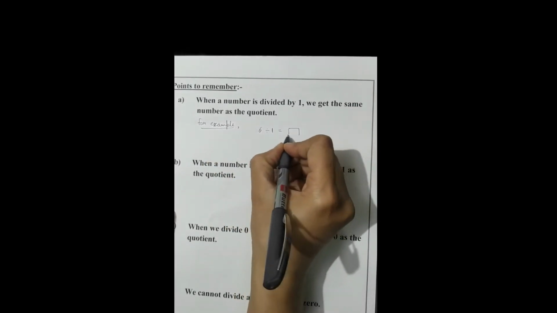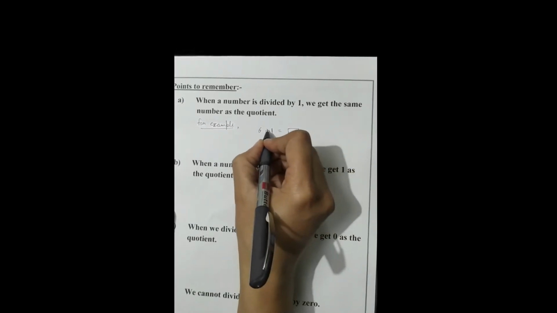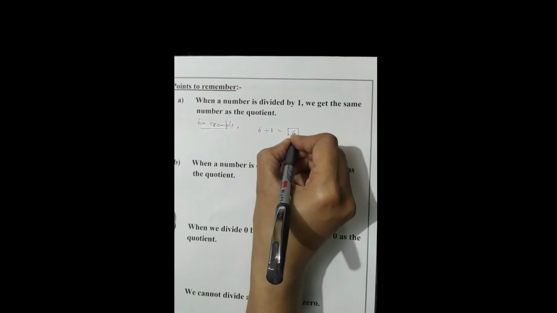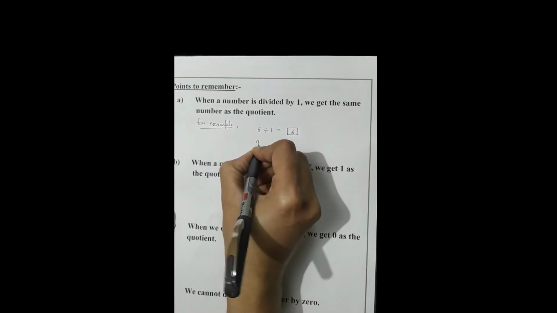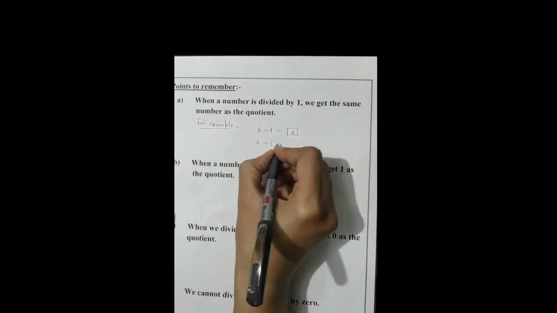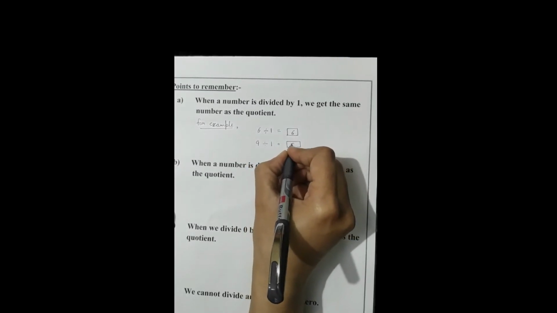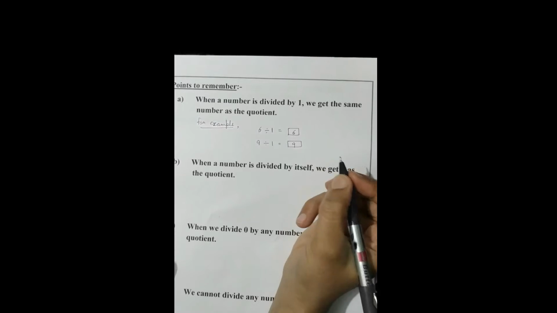Here will come the quotient. What will be the quotient? The same number, that is 6. Let's take another example. 9 divided by 1, we will get the same number as the quotient, that is 9.